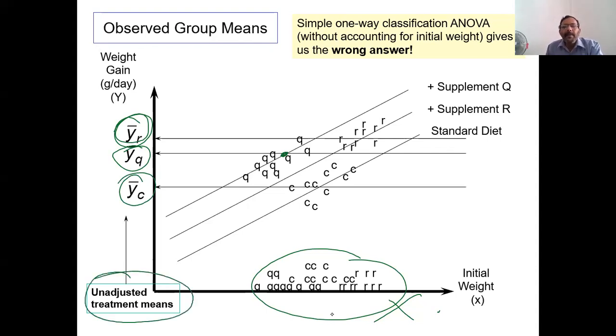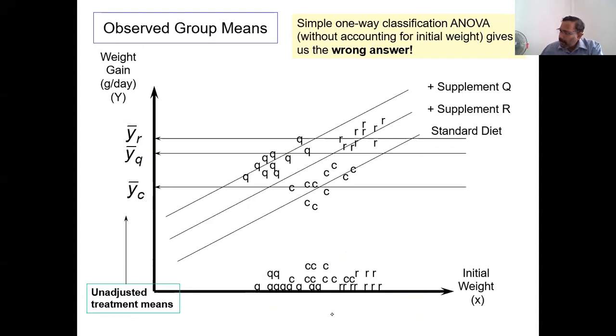If we had done a simple CRD, the treatment means are not adjusted according to the initial weight. Because we already said the initial weight is a main factor which has to be considered. So here you can see a simple one-way classification ANOVA will lead to a wrong answer without accounting for the initial weight, because there are different initial weights now.